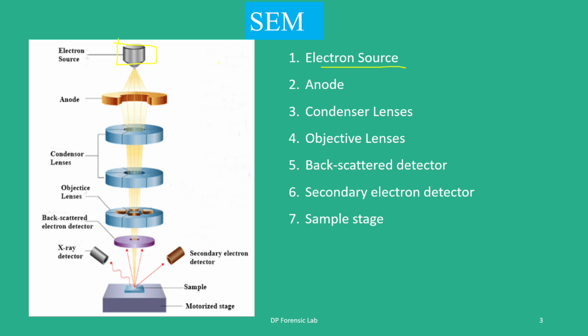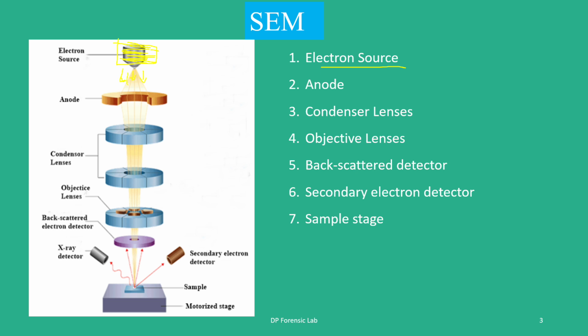A very simple first source is a tungsten coil, which is heated by giving electricity. Otherwise, other types of electron sources are also available. So this electron gun emits the electrons, and these electrons come in this direction.